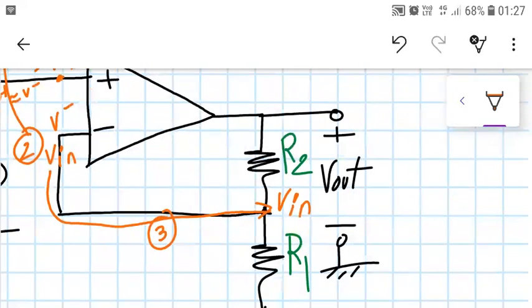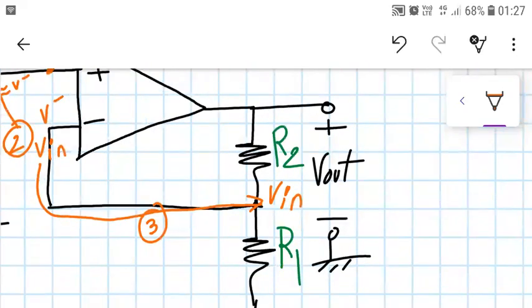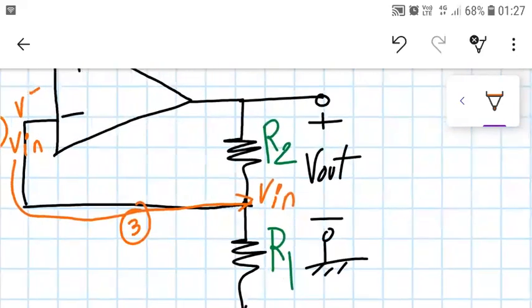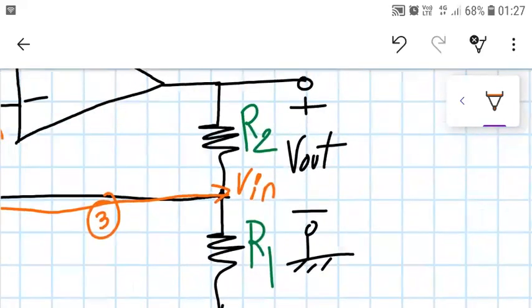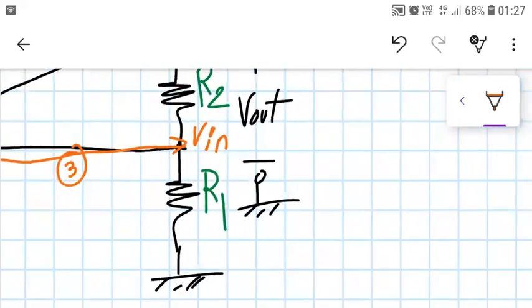Okay, and also no current flows into the op-amp, so I minus is also 0. Now the next step is, this V in is over here, so let us see what will be the current flowing through this.